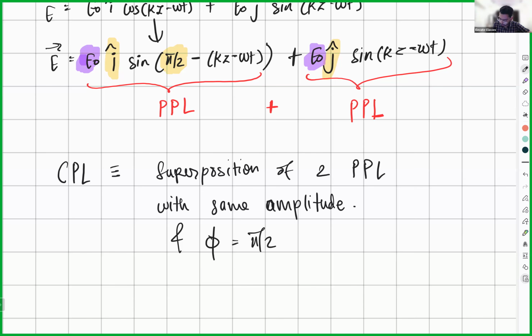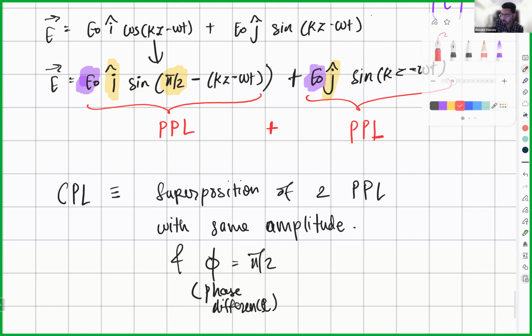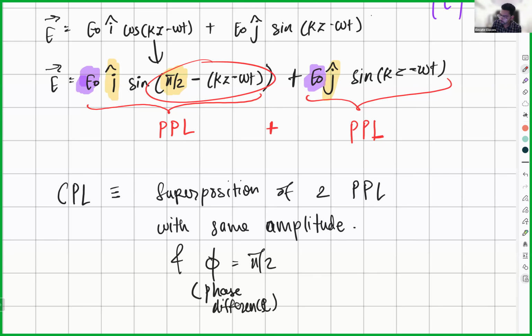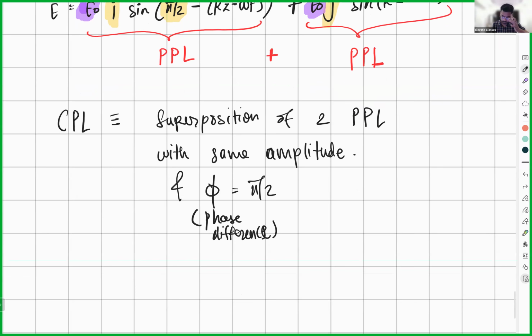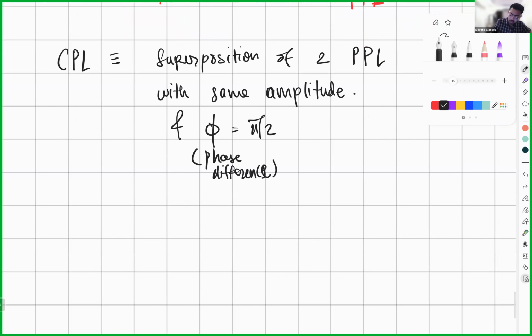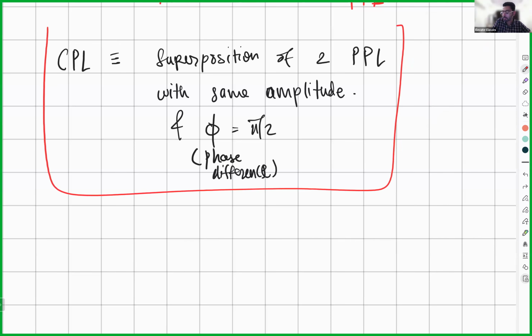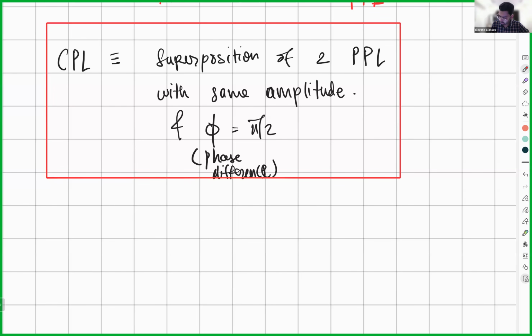This is how I represent phase difference: you subtract these two numbers, pi by 2 minus (kz minus omega t) and kz minus omega t. So the phase difference becomes pi by 2, right? This is how circularly polarized light can be prepared mathematically.